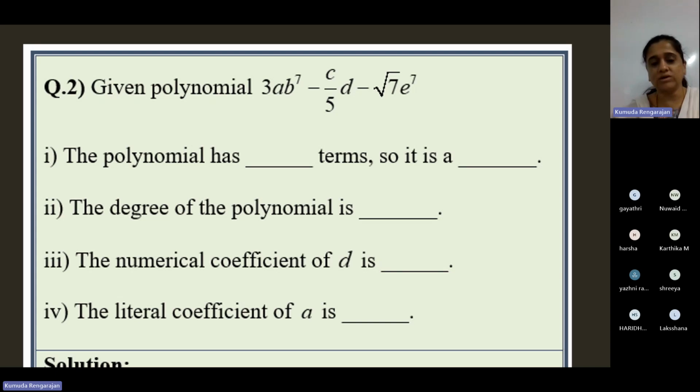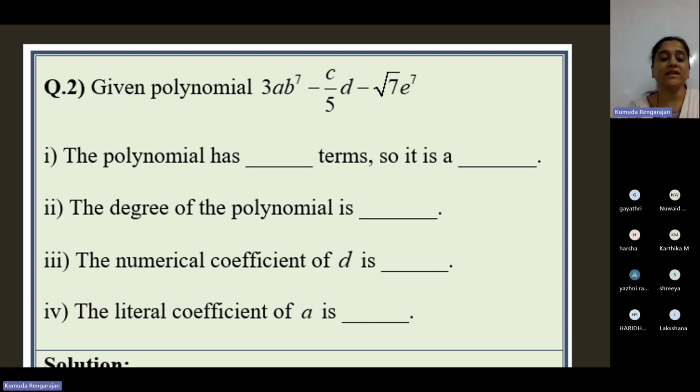The numerical coefficient of D is minus 1 by 5. Correct. The numerical coefficient of D is minus 1 by 5.